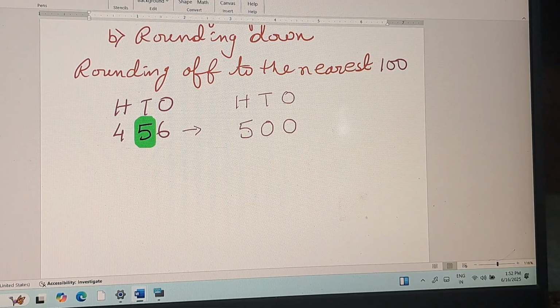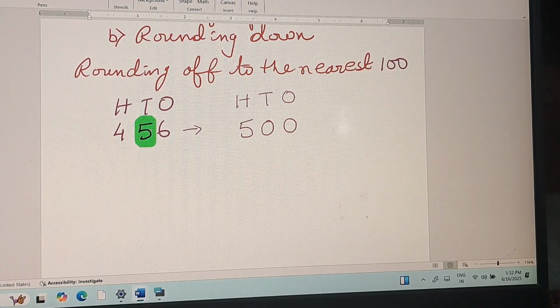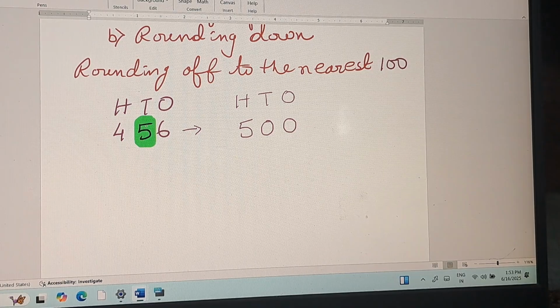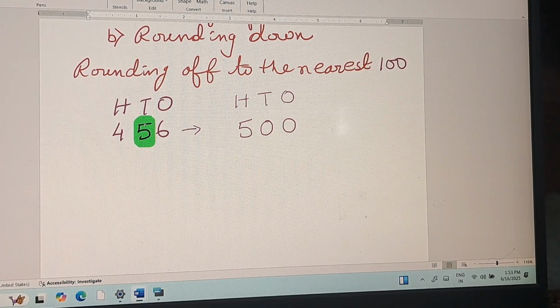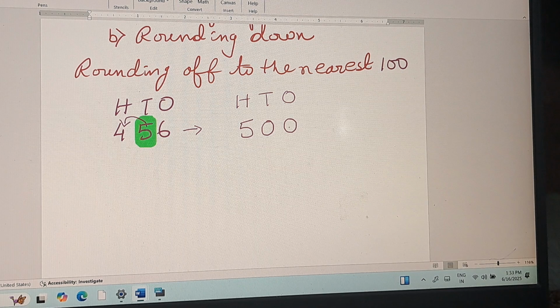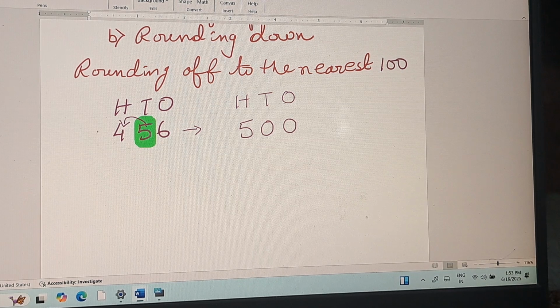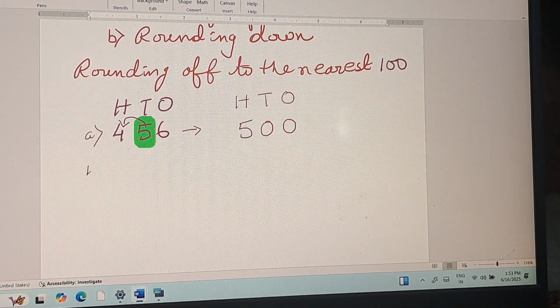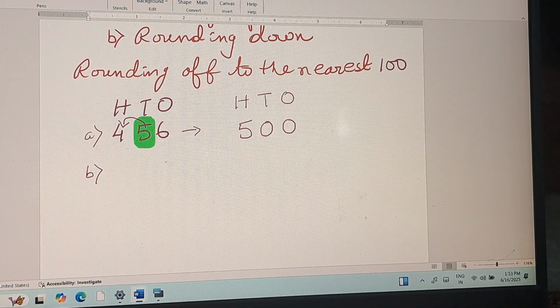Now why is it 500? Since in tens place the value is 5, and it is rounding up, we have to add 1 in hundreds place. So in hundreds place 4 plus 1 will become 5, and in both the places, ones and tens, the value will become 0. So the answer is 500.